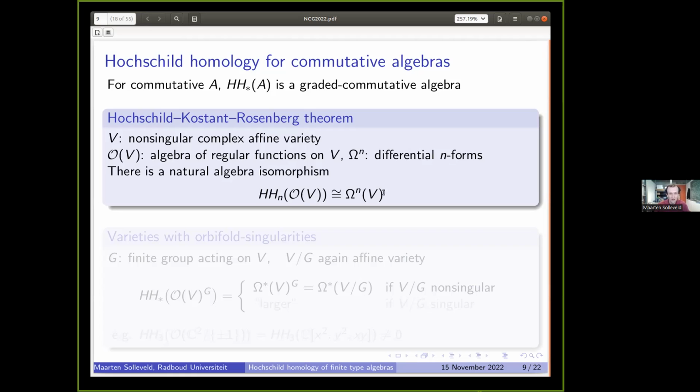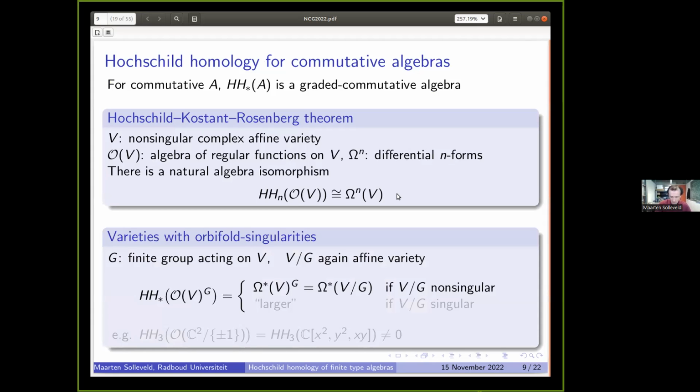Then the Hochschild homology of the algebra of regular functions of this variety is isomorphic in a natural way to the algebraic differential forms on this affine variety. And if I'm not mistaken, this is an isomorphism of algebras. So this is really the reason why the Hochschild homology is regarded as non-commutative differential forms.